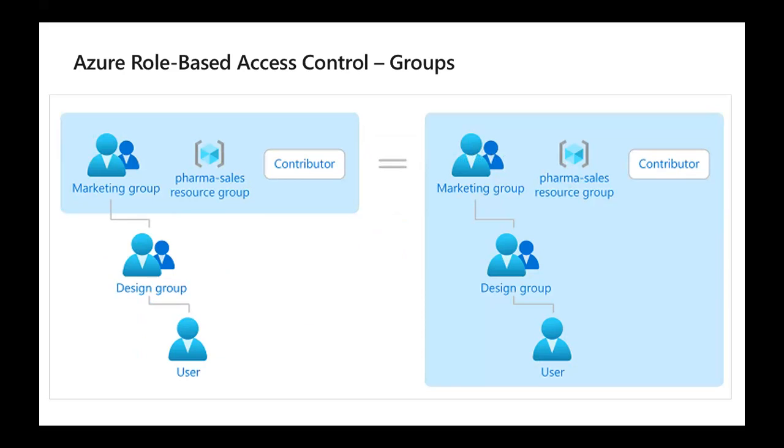In a similar way, role assignments are transitive for groups, which means that if a user is a member of a group and that group is a member of another group that has a role assignment, the user will have the permission in the role assignment. You can see right here the same example of the marketing group. This is going to be related with a contributor role.